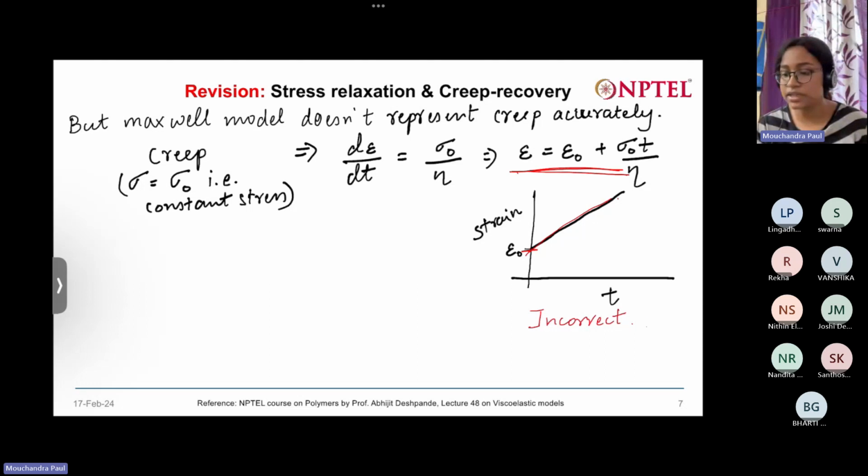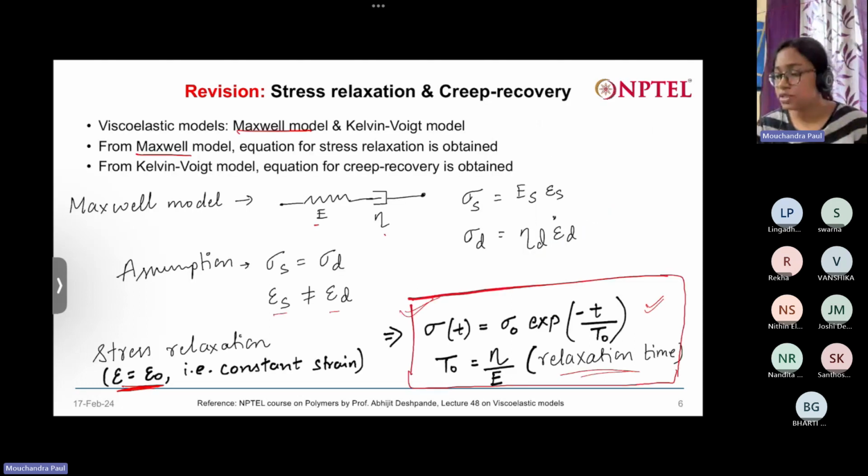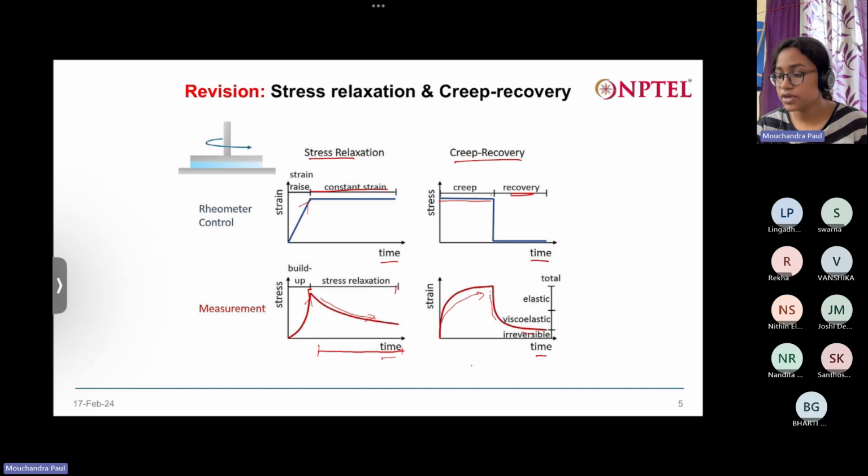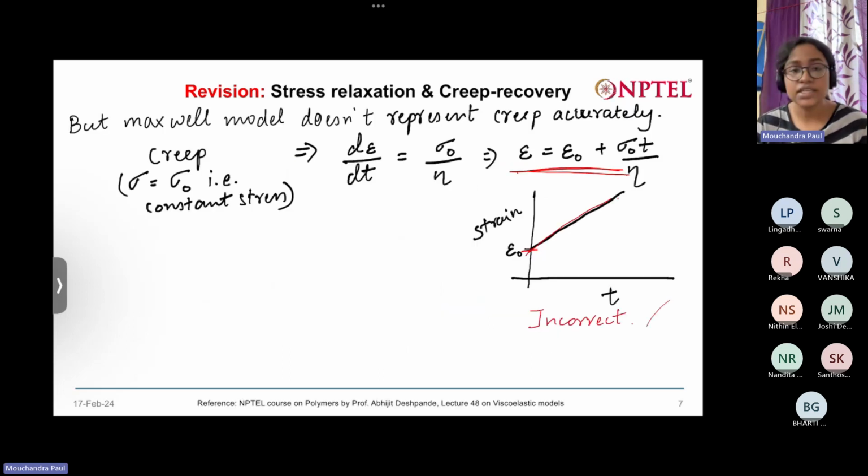Creep doesn't happen like this. If you see this particular curve, the increase in strain when you're applying some stress is not happening in a straight line manner. There is some non-linearity in it. So that is why the Maxwell model cannot represent creep accurately.